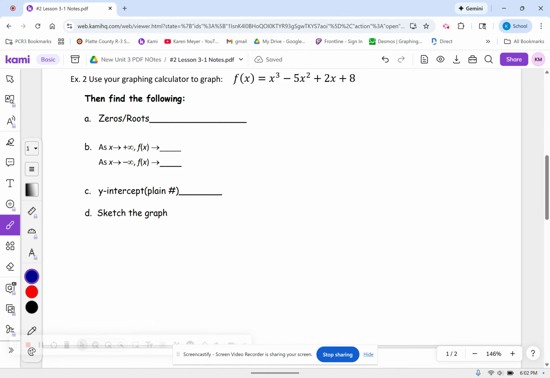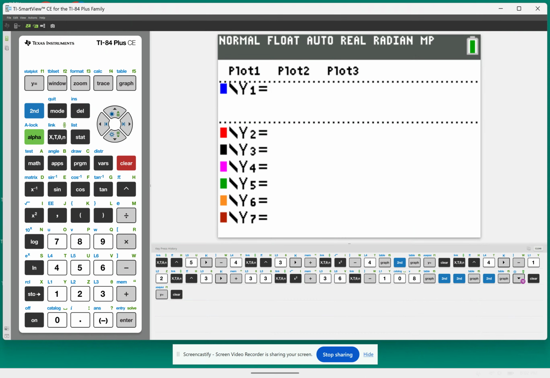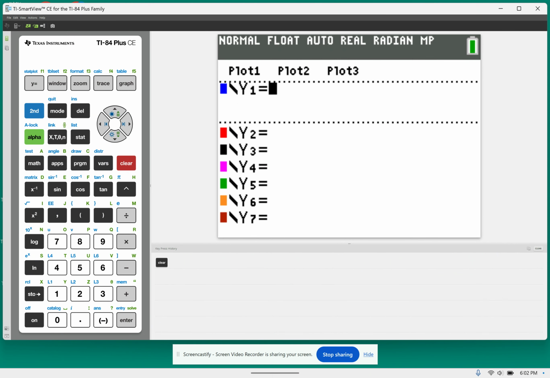Okay, so let's go to our graphing calculator to type this in like we were doing before. So remember, go to your y equals key. If you have anything in your y equals key, then make sure you clear it out. Okay, and then I'm going to type this in.